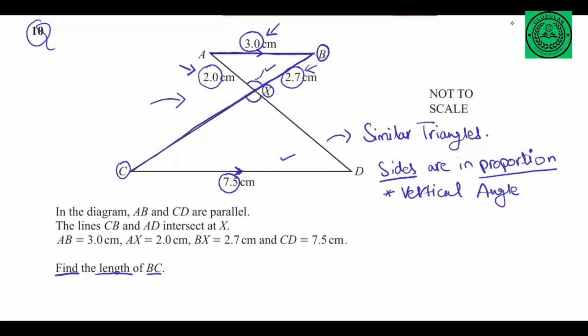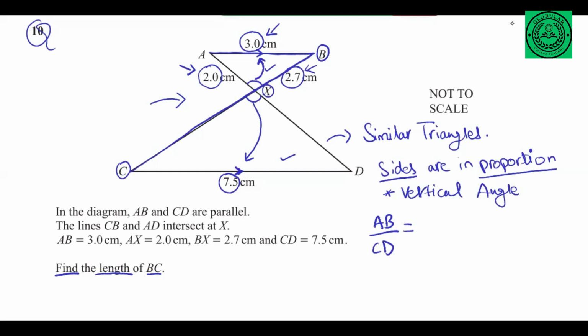So the side opposite to the upper angle is nothing else but AB, so we can write AB divided by the side opposite to this angle, which is CD. So AB over CD equals, and for the rest we use the alternate interior angles.